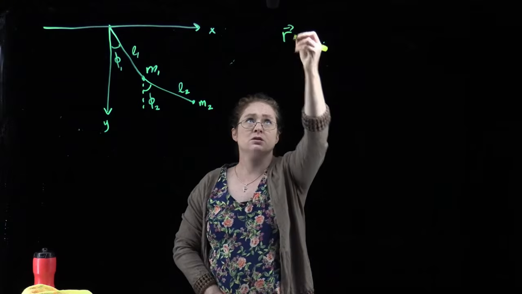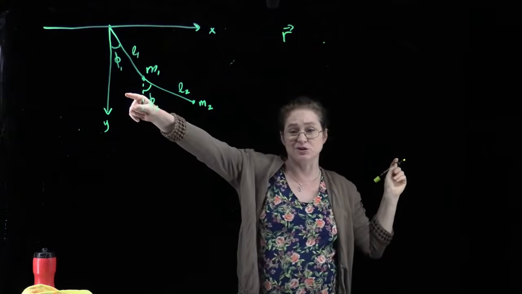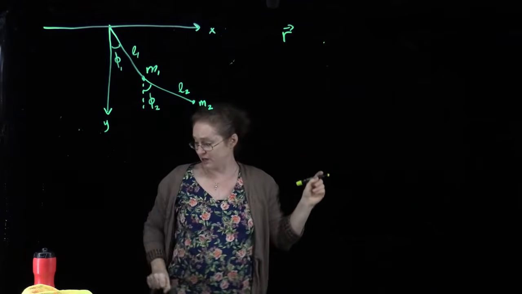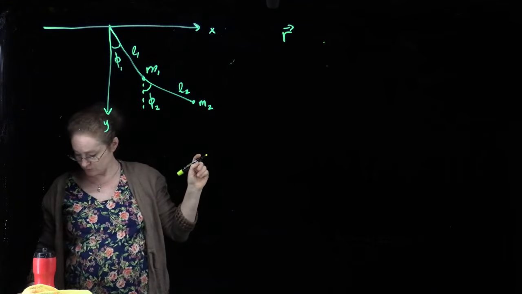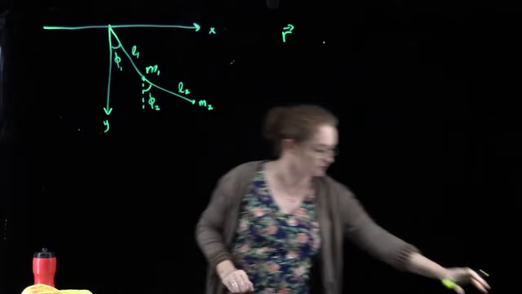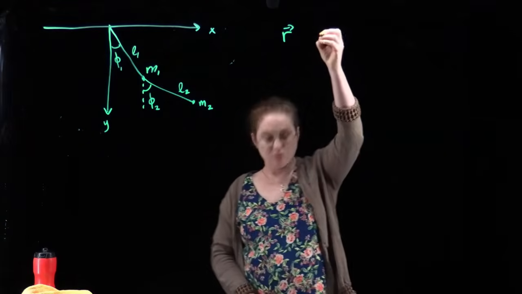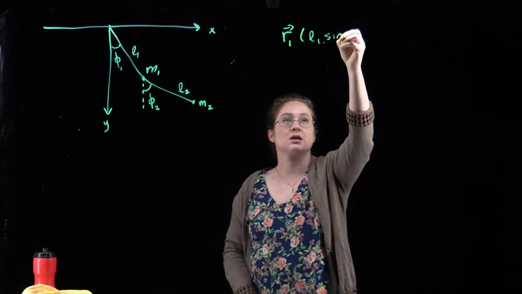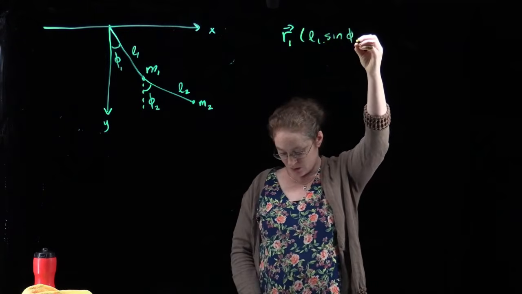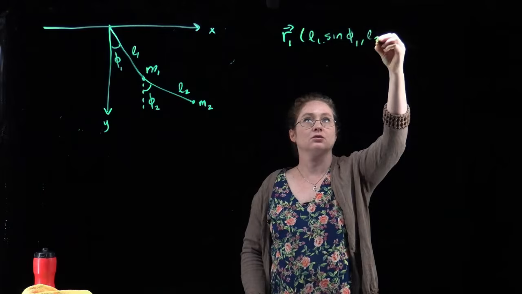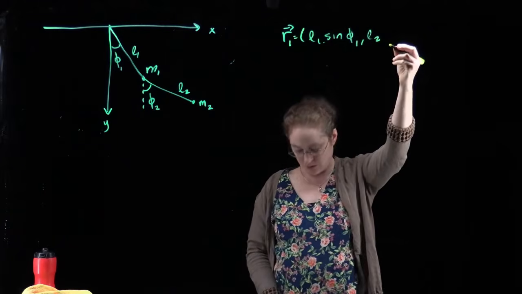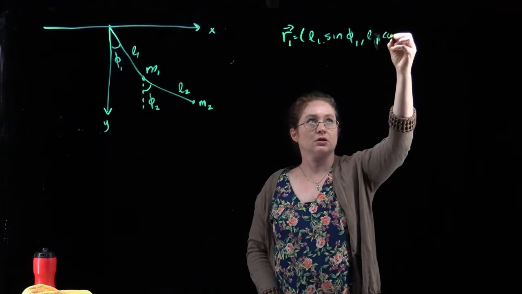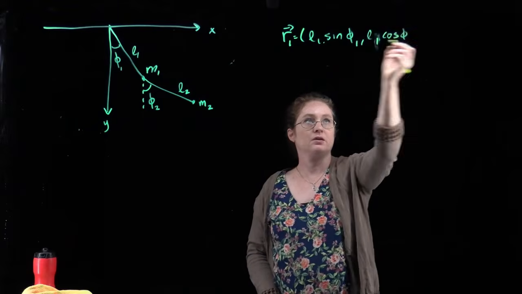So we are going to be able to describe this with two different angles, phi 1 and phi 2. So we can write r1 is (L1 sine phi 1, L1 cosine phi 1).